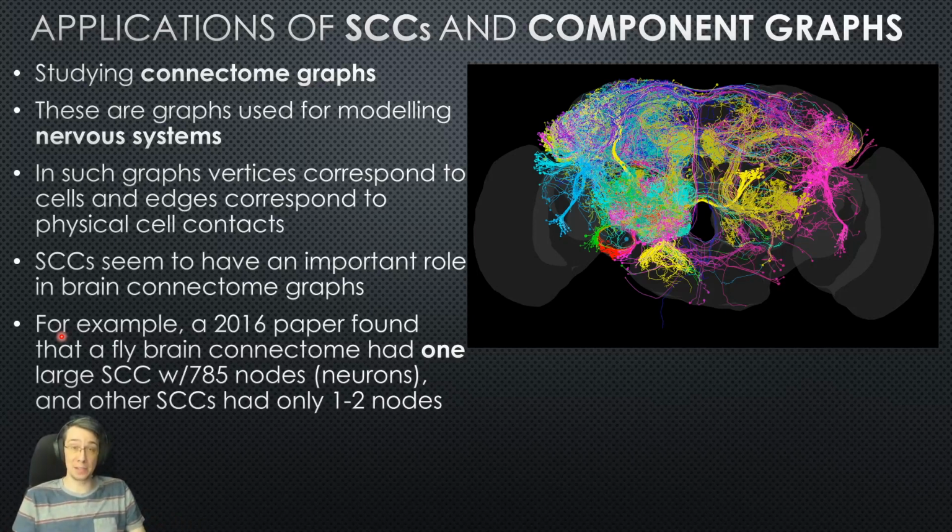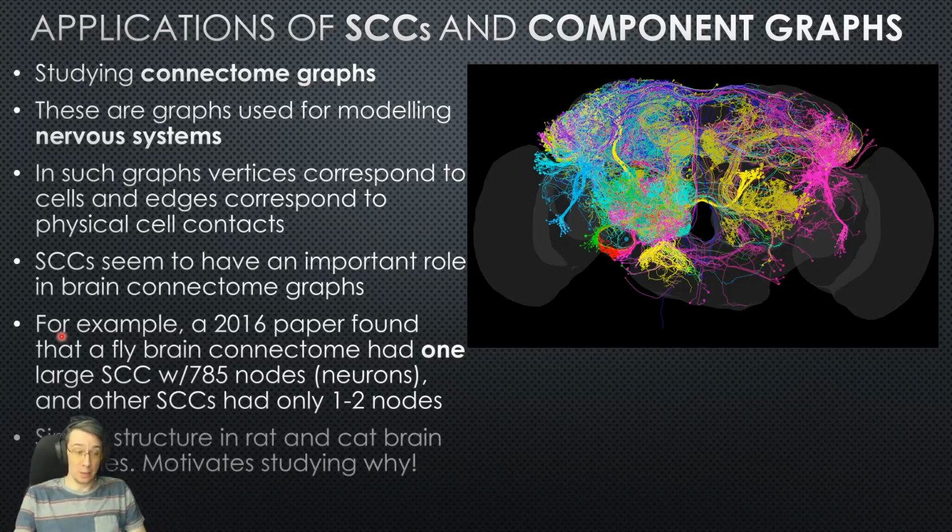A fly brain is not very big, but we've actually found similar structures in rat and cat brains, and our connectome graphs are only going to complexify dramatically as we study more and more sophisticated brains. We're going to need better and better algorithms for being able to reason about important parts of the brain, since it'll be intractable to run sophisticated graph algorithms, probably, on the complete connectome graphs.